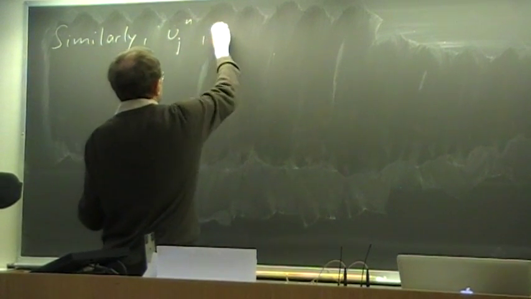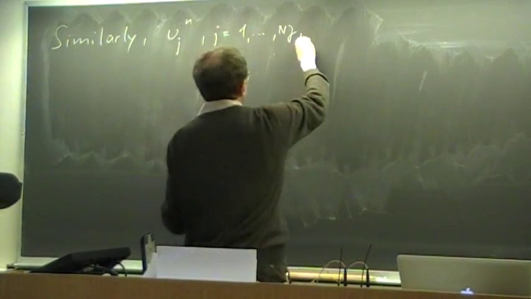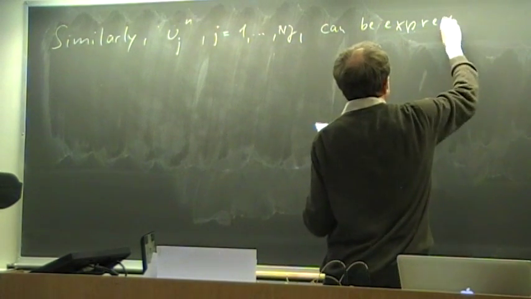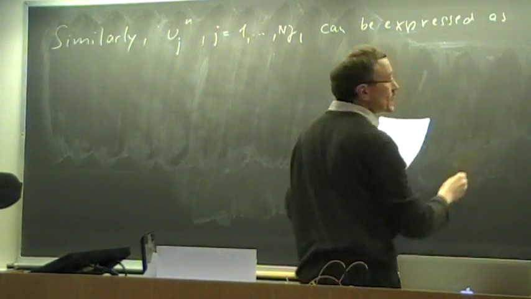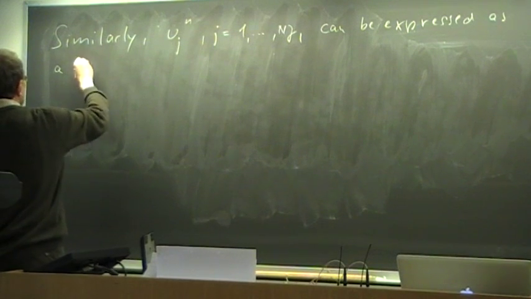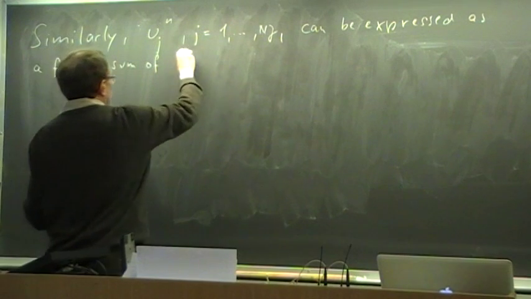So similarly, u_j^n, j from 1 to nj, can be expressed as a finite sum of the Fourier modes.